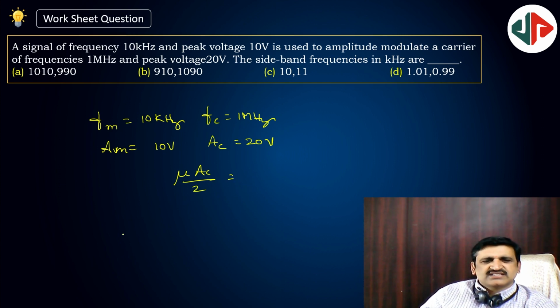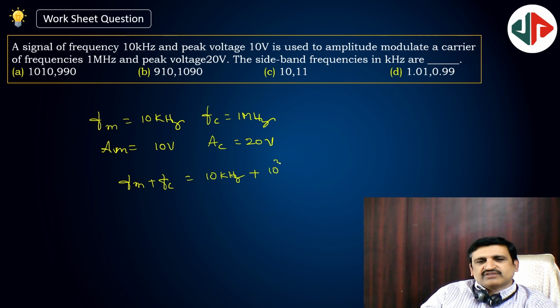The sideband frequencies, you can add and subtract. f_m plus f_c is equal to 10 kilohertz plus 10 to the power 3 kilohertz, that is 1000 plus 10, which is 1010 kilohertz.